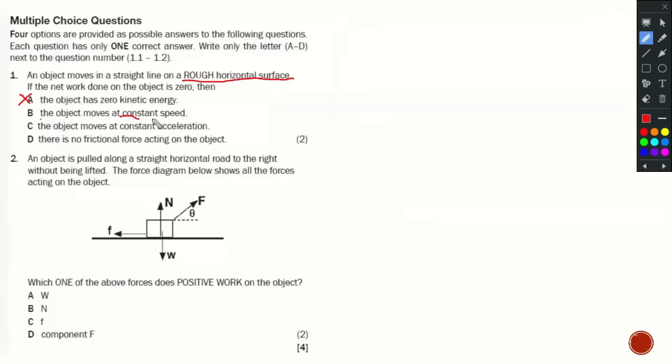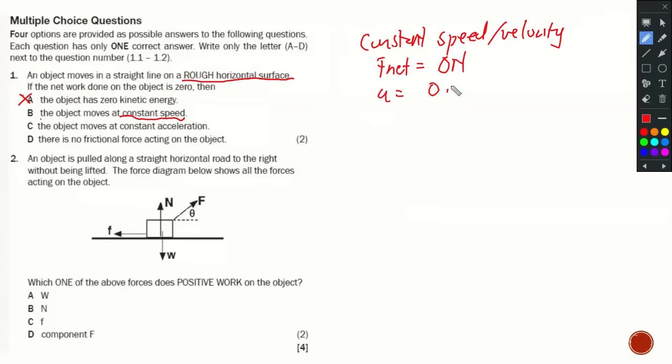So B, the object moves at a constant speed. We might consider this. If we think about it in terms of Newton's second law, whenever we had constant speed or constant velocity, it meant that our F net would be 0 newtons, mainly because our acceleration would be 0 meters per second squared, right?